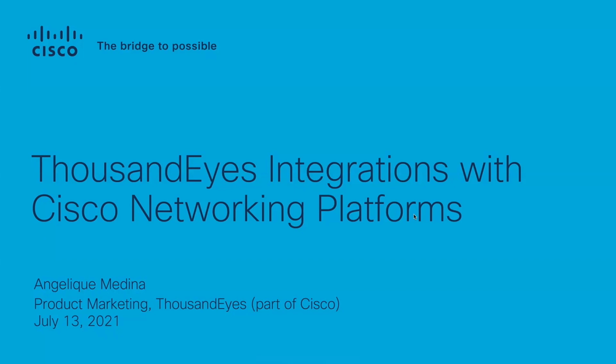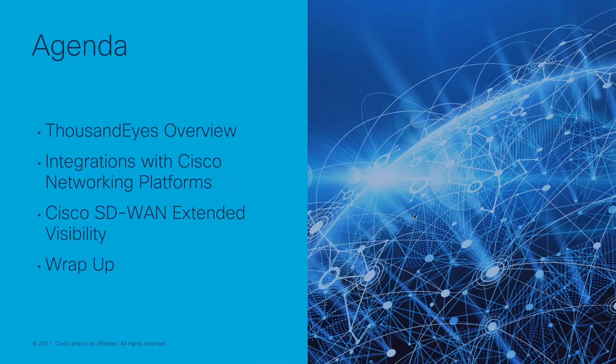And we're going to talk today about the integrations that were recently announced between ThousandEyes and the Cisco networking platforms. But before we do that, I want to provide a very high-level overview of what it is that ThousandEyes does, just for context. So as we run through and talk about the integrations and some examples of what this looks like, we'll have some view as to what it is that ThousandEyes is providing.